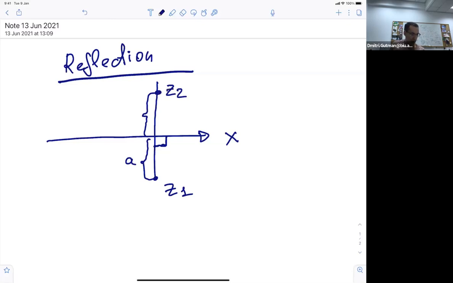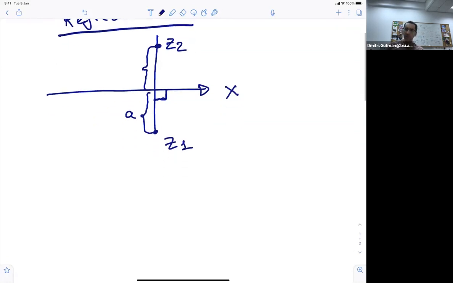And we can say that Z1 and Z2 are reflections of each other. So in other words, points Z1 and Z2 are symmetric with respect to the line X. So this is what the symmetry with respect to a line means.